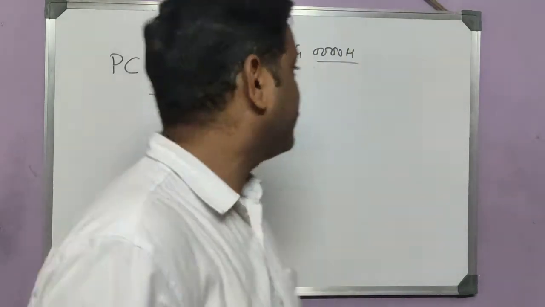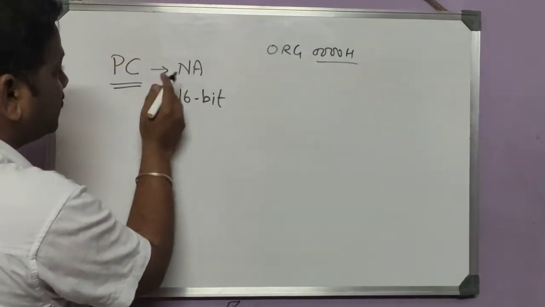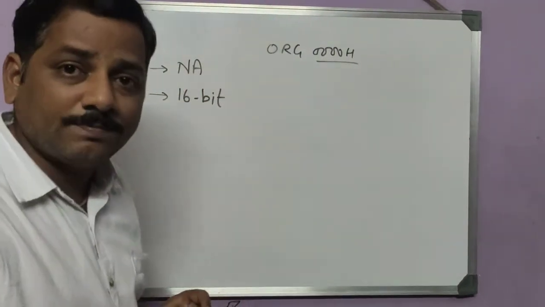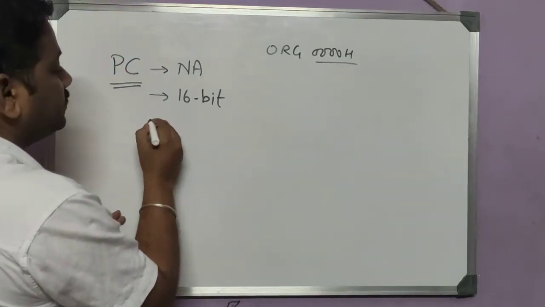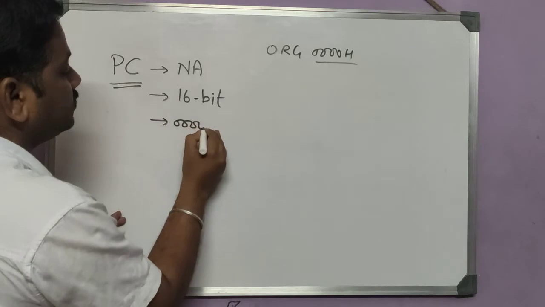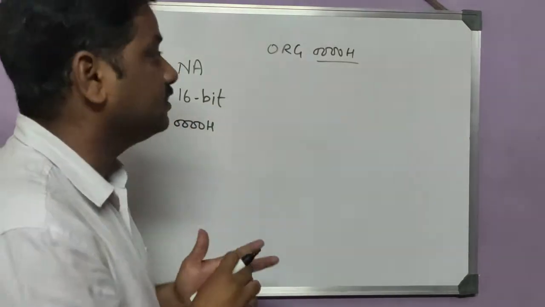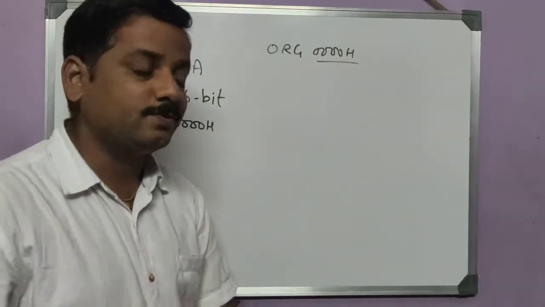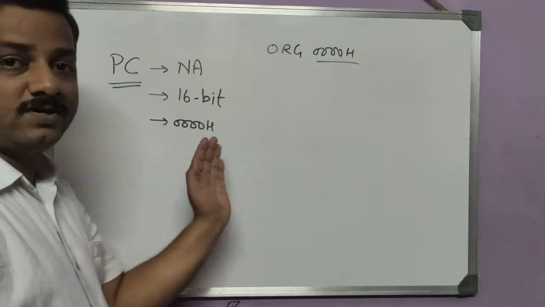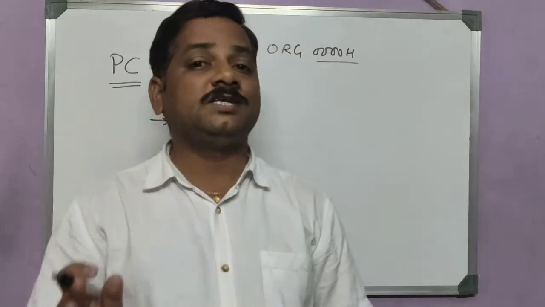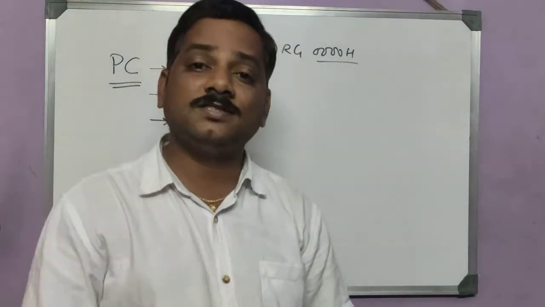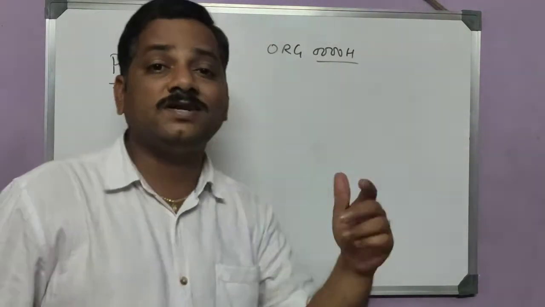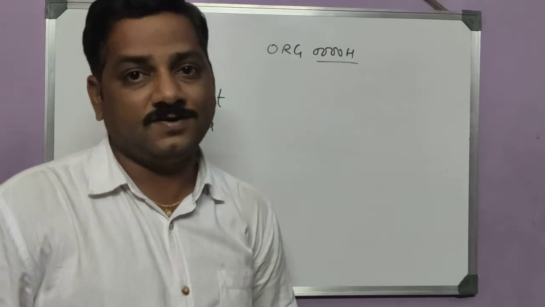And when we switch on the supply, when we switch on the system, the program counter will always be pointing towards 0000. But we can change it by writing a program like this. It will point at 0000 by default, but we can change the address. If you change that address, the program counter address will change. That is the reason why we say it does not have any fixed address.